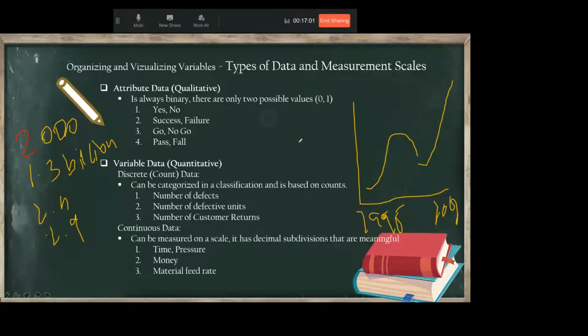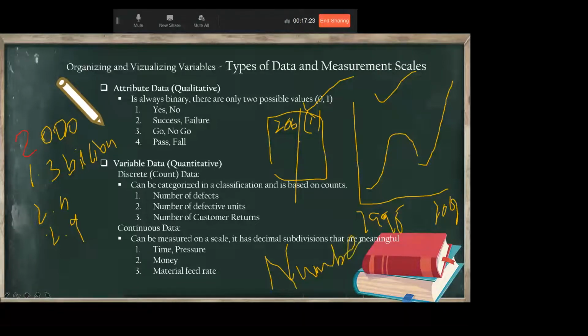Or you can show me a table with the years and the data points. That's also fine with me. So there are two major ways to present the data: tabular form and graphical form. And the third form, which is included in both, is the numerical form. That's numbers, right? So today we're going to talk about numbers, tables, and graphs.